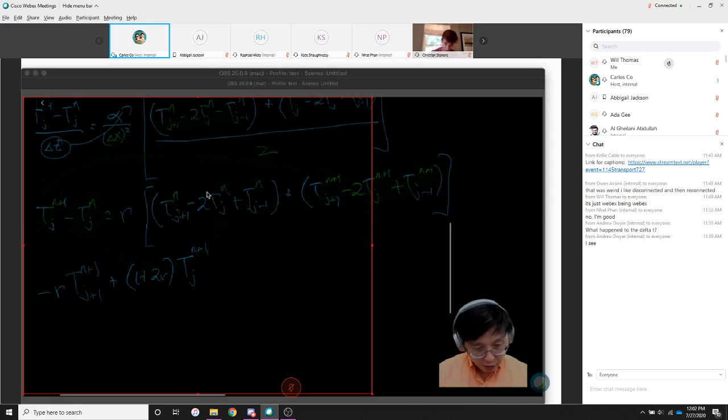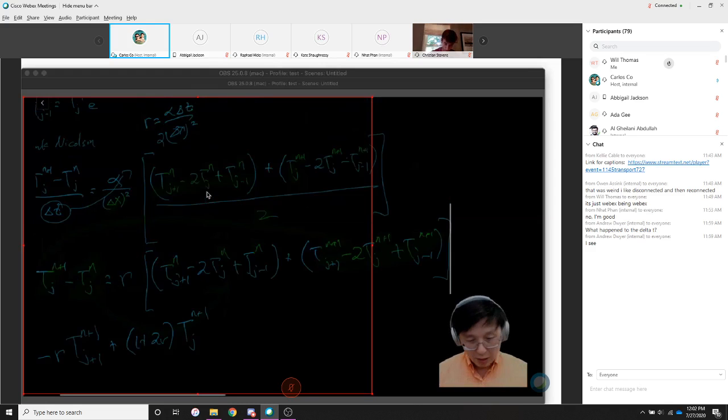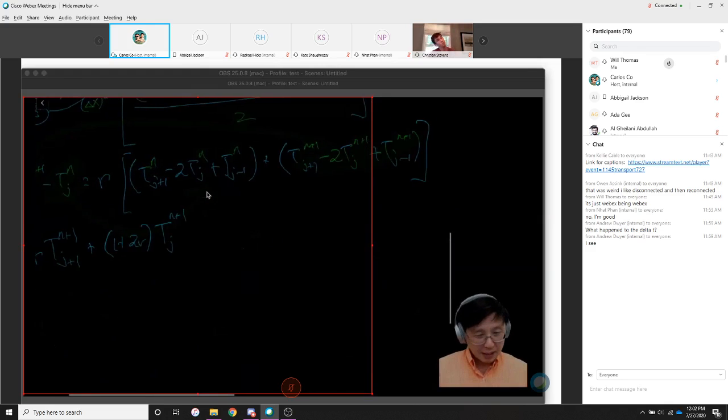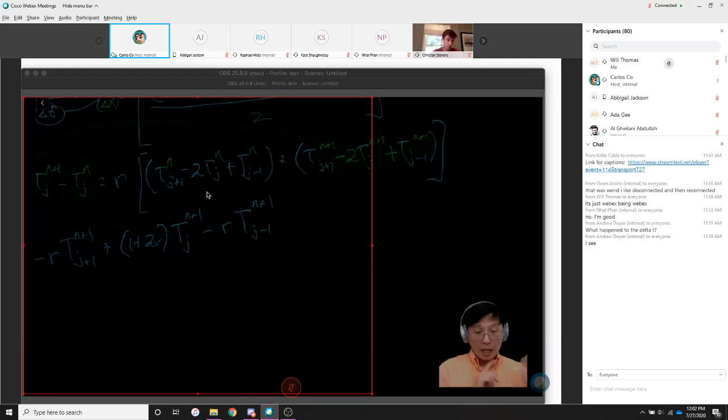That should be a plus, that should be a plus, and that should be a plus. I made a typo there. And so from there we will have a minus r, j minus 1, that's 1. And then we will have the remaining terms on the other side, which is at the previous time n.